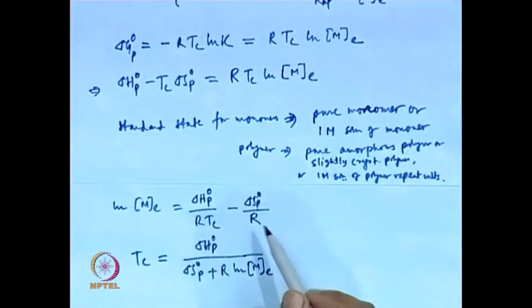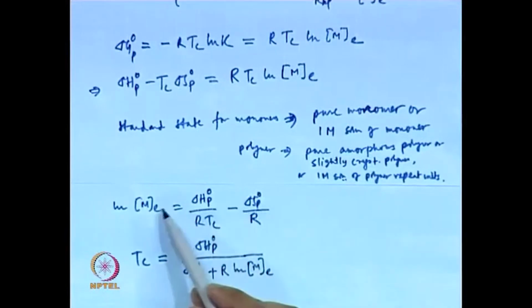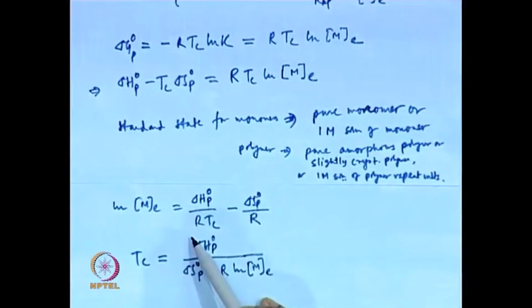Now, what do these two expressions say? That Tc and Me are related, they are not independent of each other.